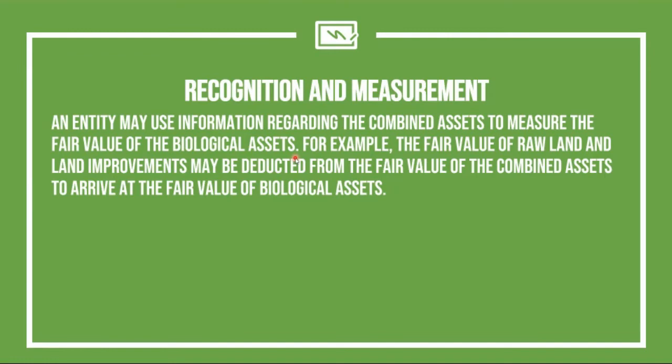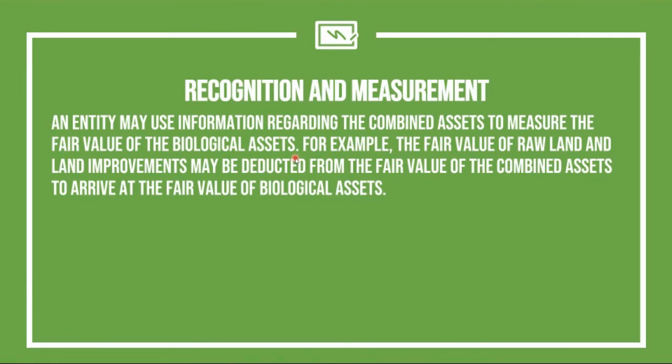So that's basically how you do it. This is usually done if you do not know specifically the fair value of the biological asset. So it is going to be a residual amount. Okay? So the fair value of the biological asset will be the residual amount after deducting the components that are known from the total value.